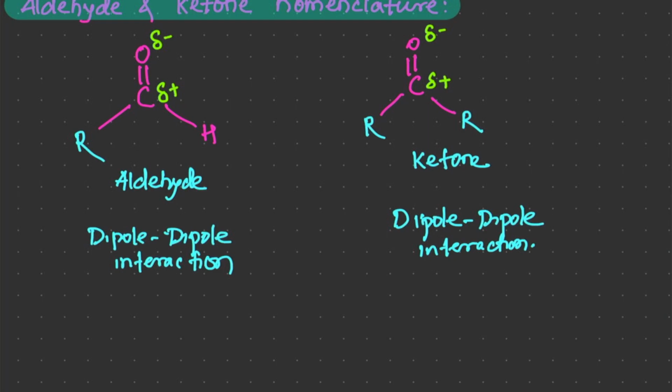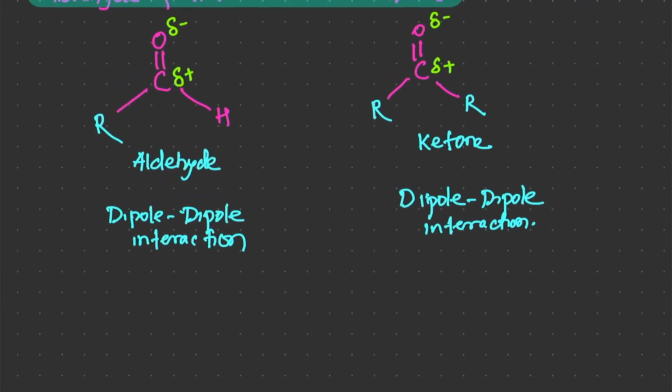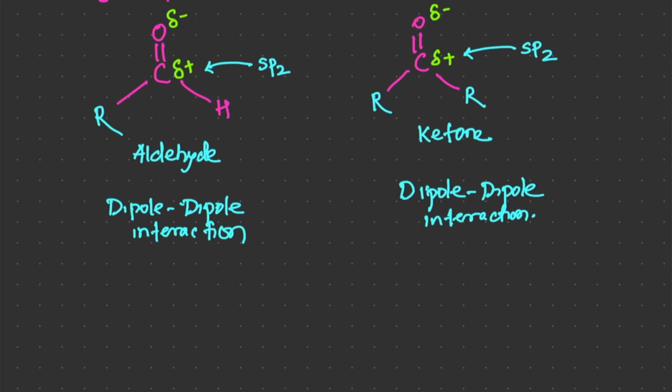Okay, and the next key characteristic that you want to focus on is the structure. These are sp2 hybridized carbon atoms, right? Both of these are sp2 hybridized carbon atoms. So what is the structure of sp2? If it is sp2 hybridized, that means the geometry is trigonal planar, just like your alkene.